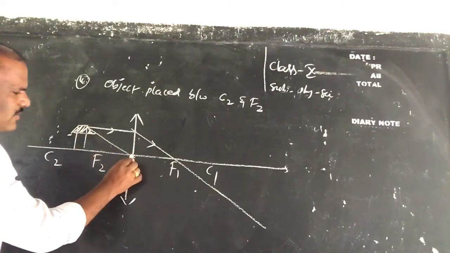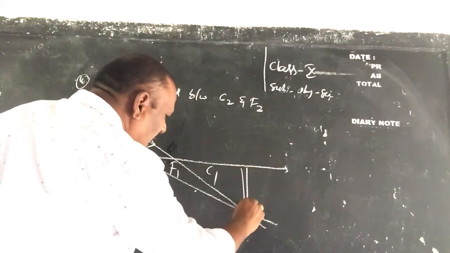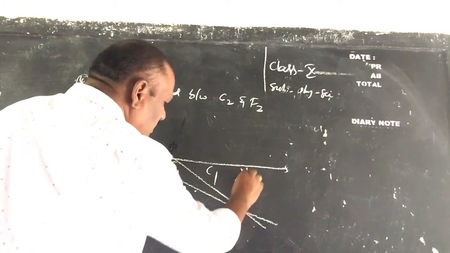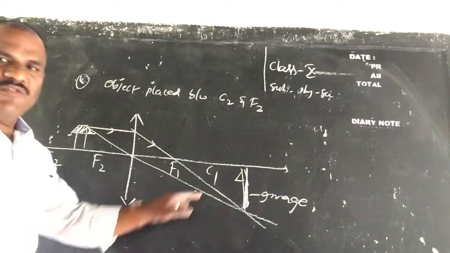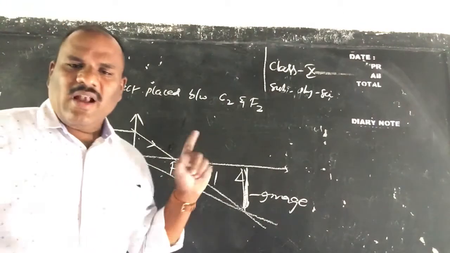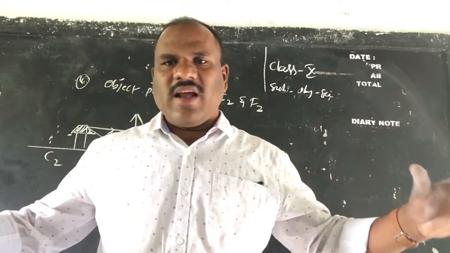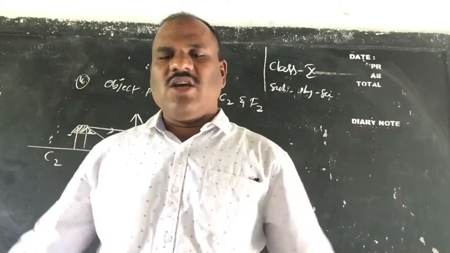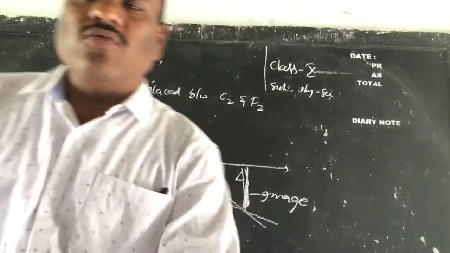So here the image is formed, behind the center of curvature C1. So this image is a real, inverted and magnified image. So this is the fourth one, children.